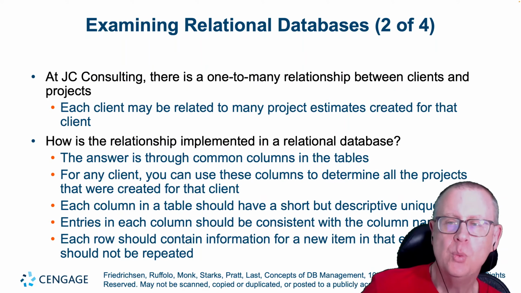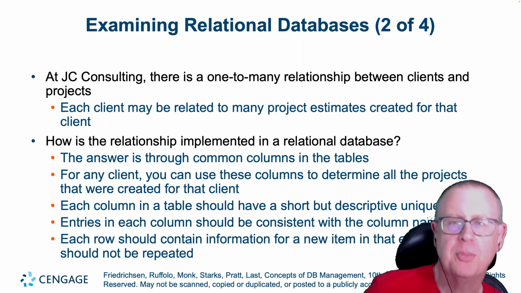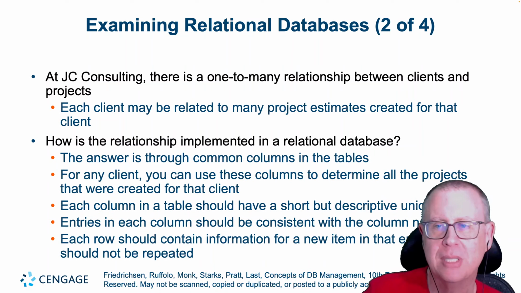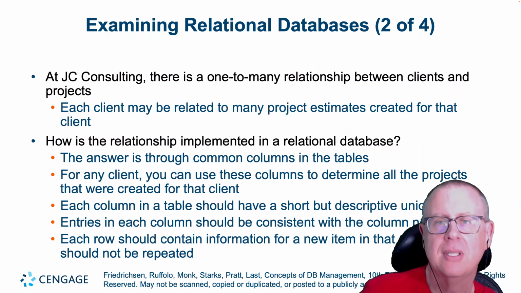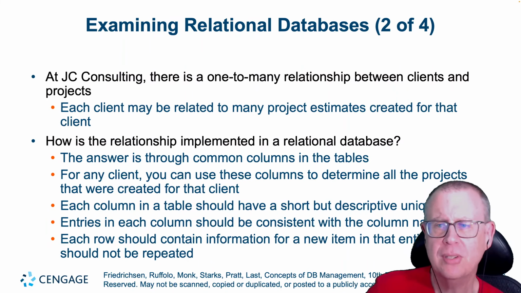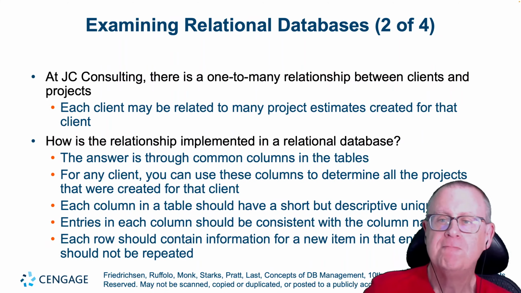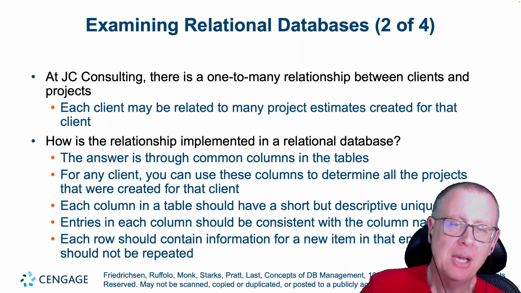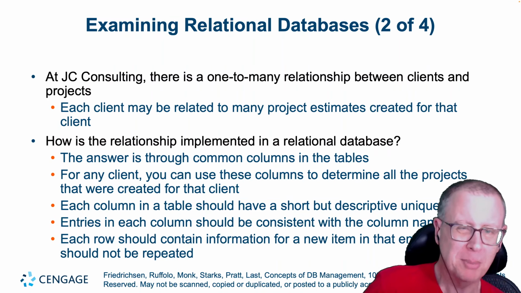So there's a few relationships between tables. For example, there's a one-to-many relationship between clients and projects. Each client can have many projects. And how is that relationship implemented?